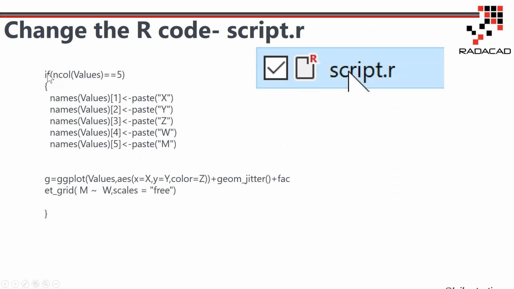I'm going to put my R code. So this is the R code that I have. It's a scatter chart that I'm going to use, and this scatter chart also has a column and row. Let's see what will happen if I replace the code with this one.